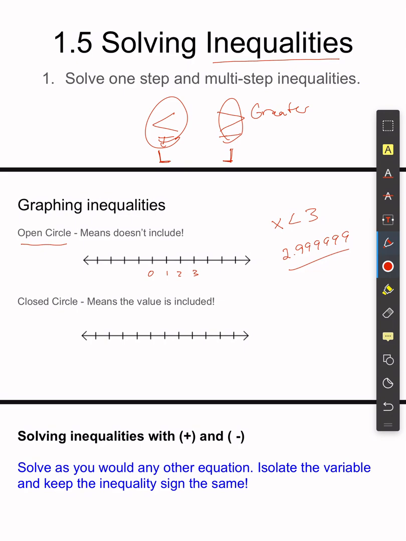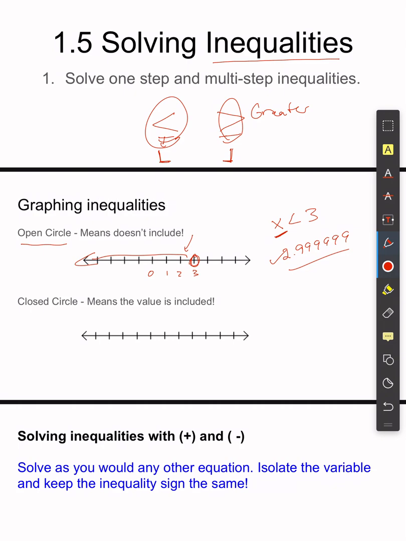So if I'm including all values less than 3, this has to be included on the graph. How I include that, without including the 3, is I leave an open circle at 3, and then I shade in everything else to the left, since this is a less than. So the number 2.99 is shaded in, 2 is, 1 is, 0, and then all the negative numbers, obviously.